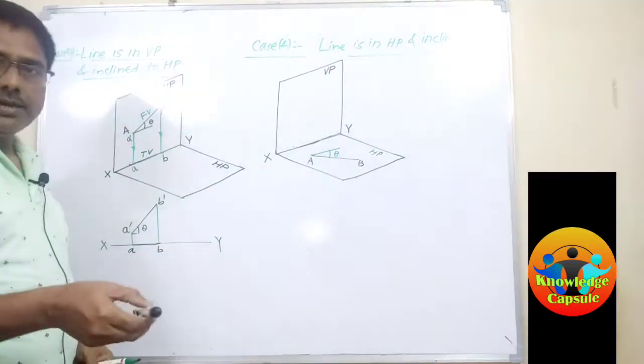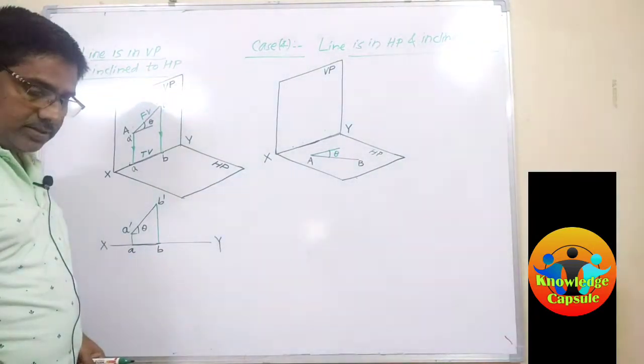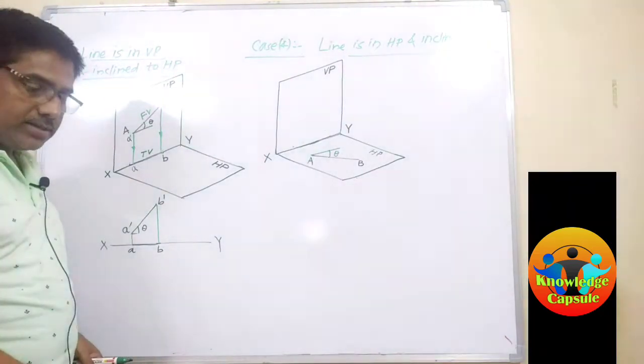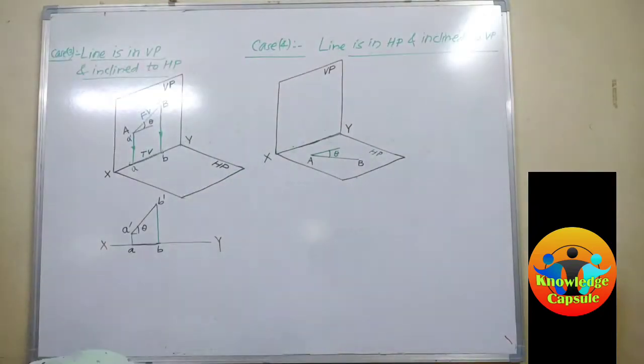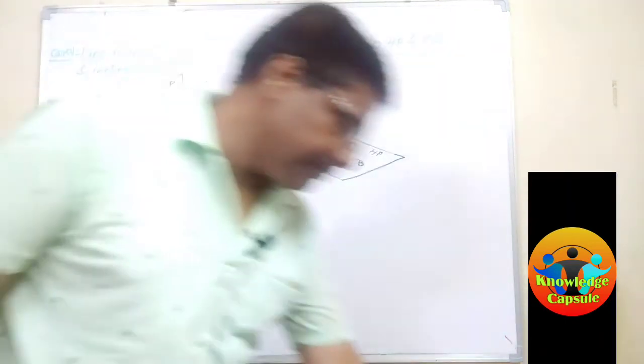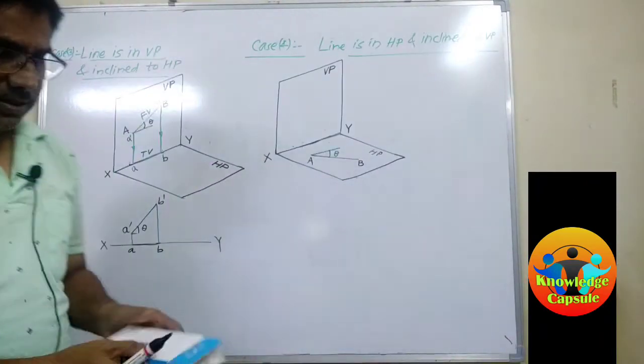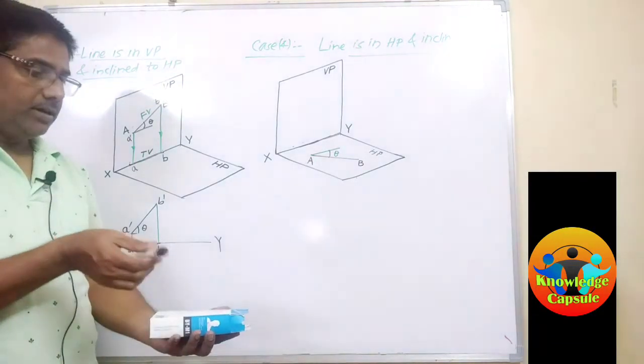If I place the line on the horizontal plane, that is, what we have considered as floor is the horizontal plane, which will not be visible in camera. Therefore consider, see, this plane as a horizontal plane.